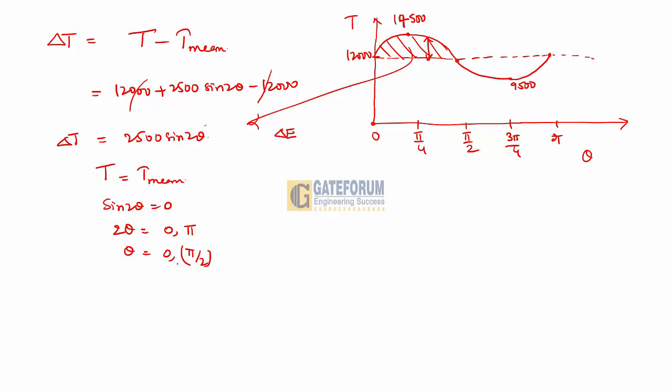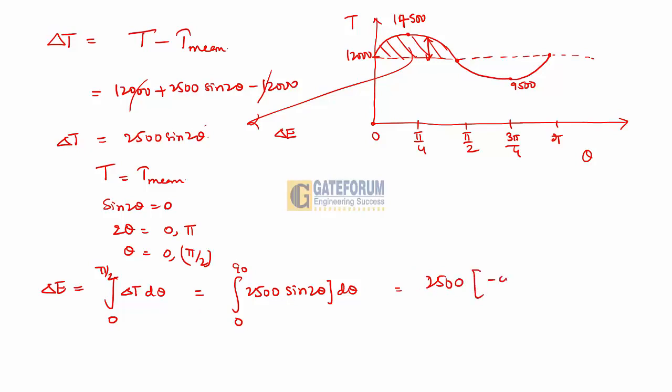Right, now let us integrate this. Delta E is equal to the integral of delta T d theta from 0 to pi by 2. So this is 2500 sine 2 theta d theta from 0 to 90 degrees. Integration of sine is minus cos, so 2500 into minus cos 2 theta by 2, from 0 to pi by 2.